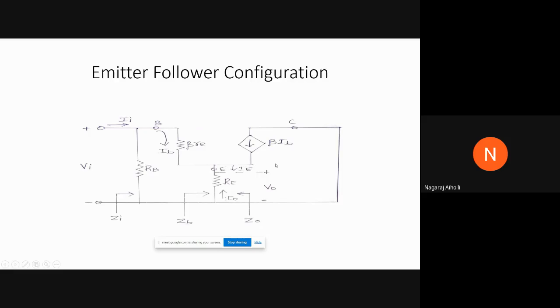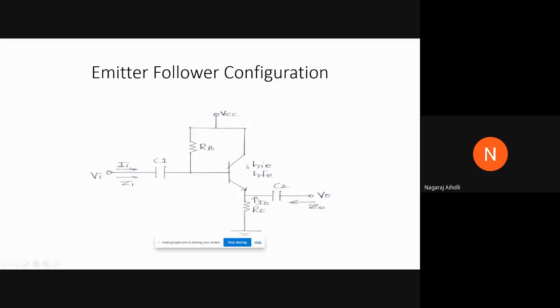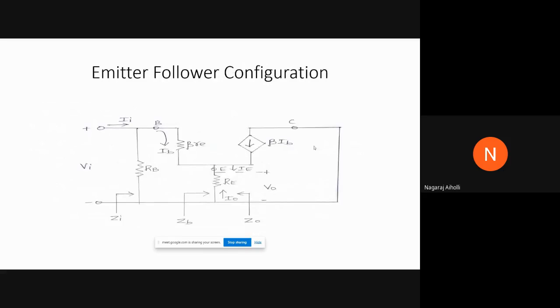The collector current flowing here is beta into IB. We know the beta relation, which is the ratio of the output current to the input current, so we get IC is equal to beta IB.